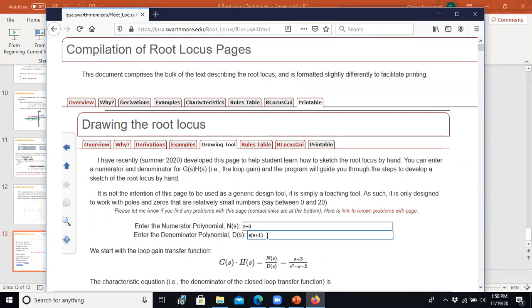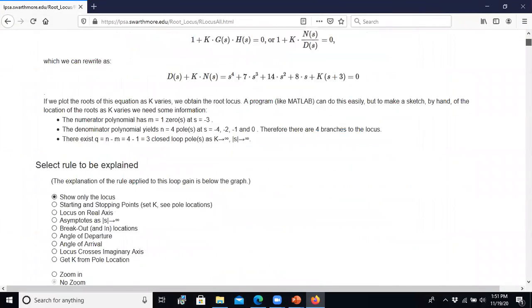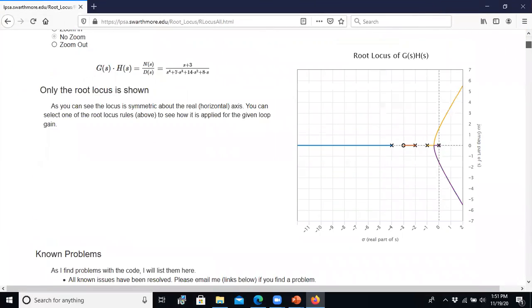Help me, guys. S plus 2. S plus 4 is the last one. So if you do that, then it gives me that, and from there, look at that. See? We got exactly what we had before.